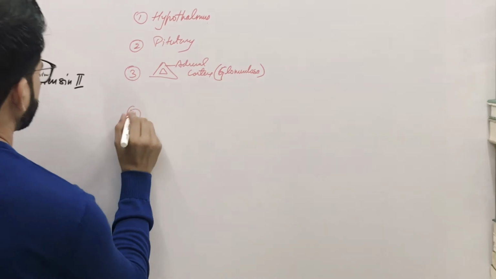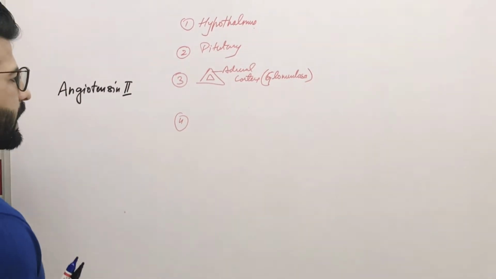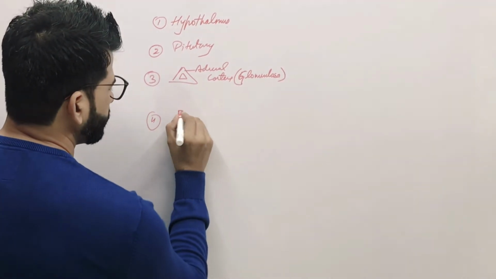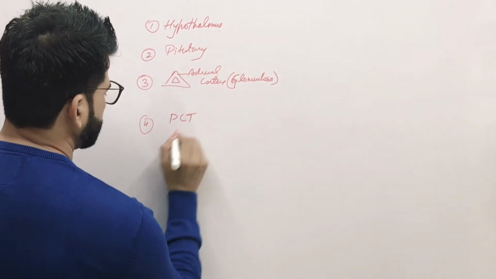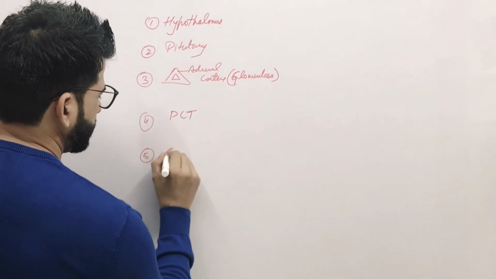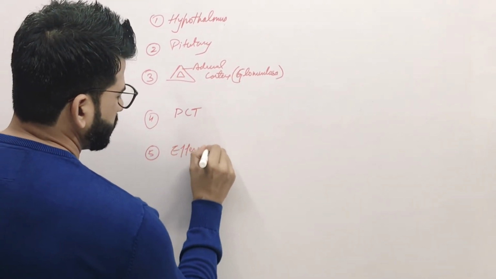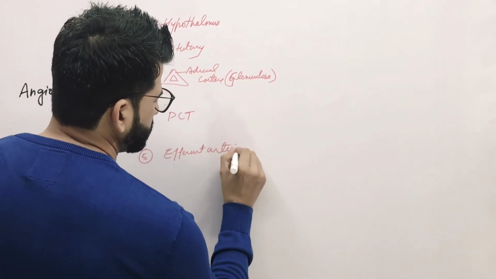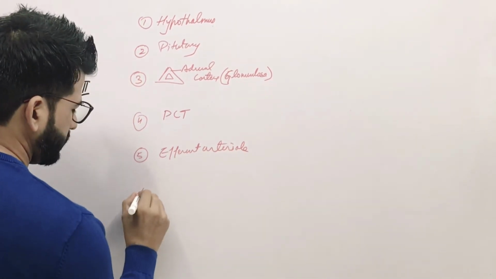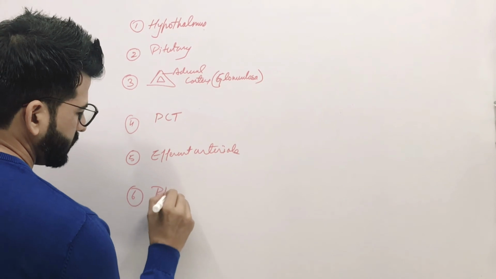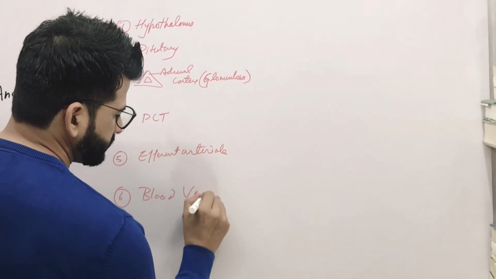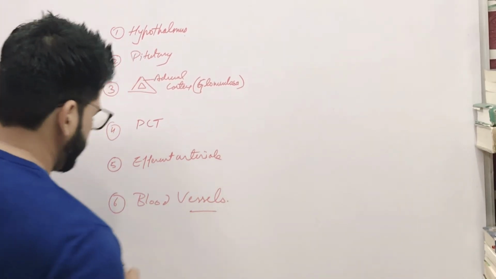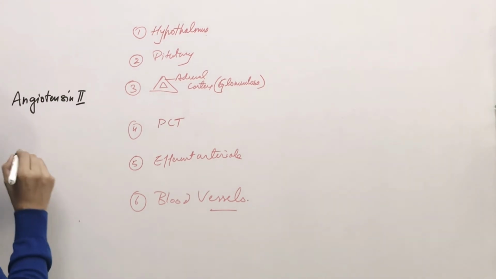Fourth, this angiotensin 2 will act on the proximal convoluted tubule. It will act on the efferent arteriole, and it will act on different blood vessels.